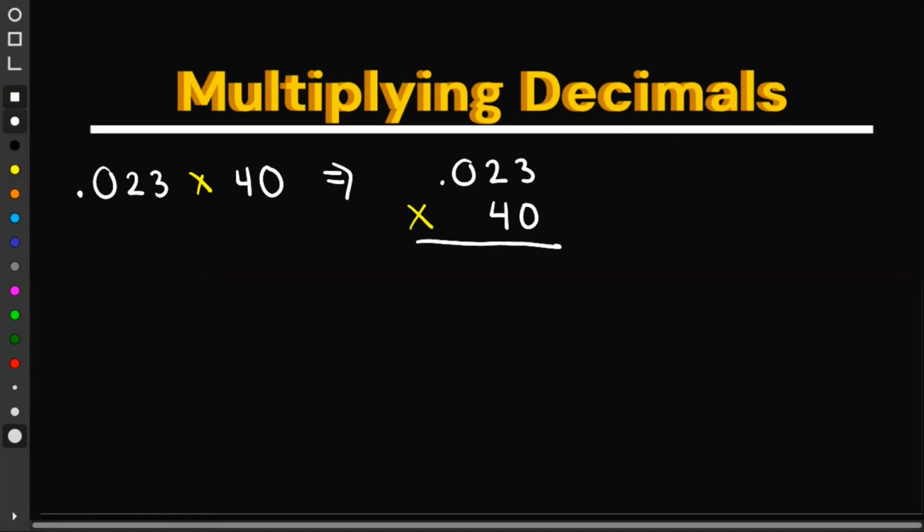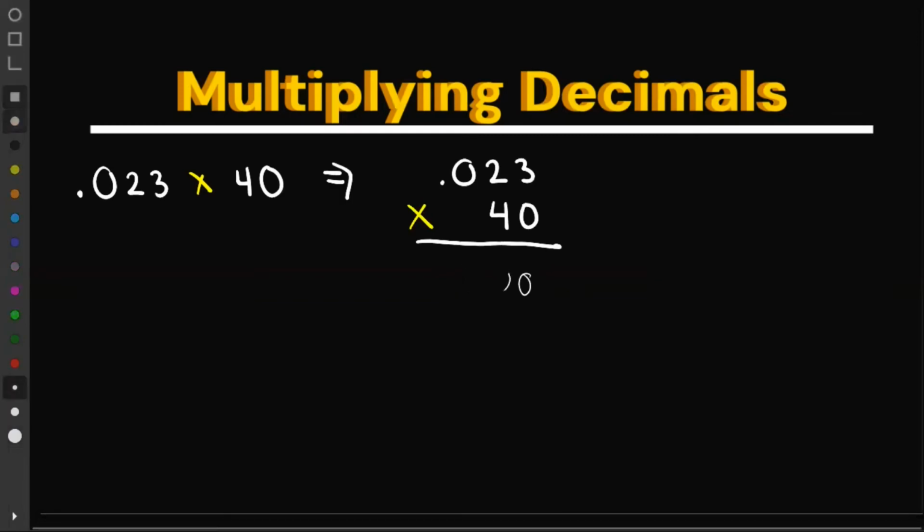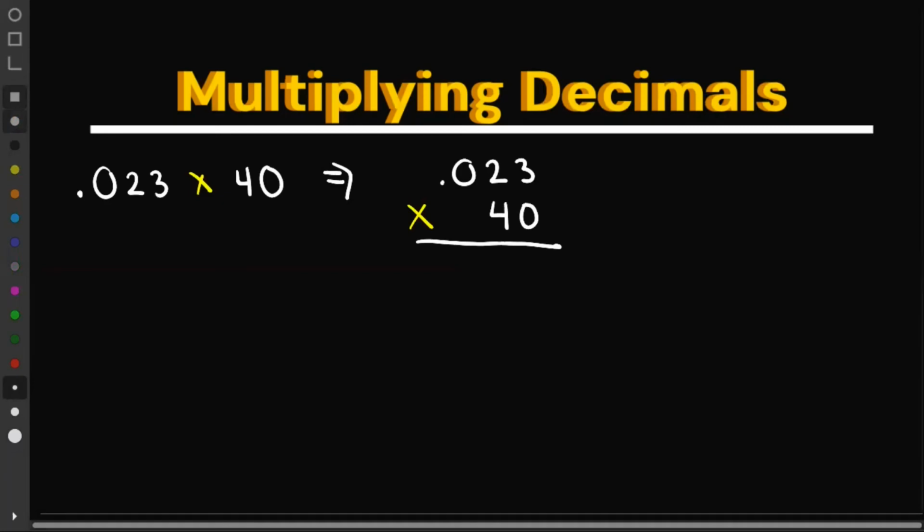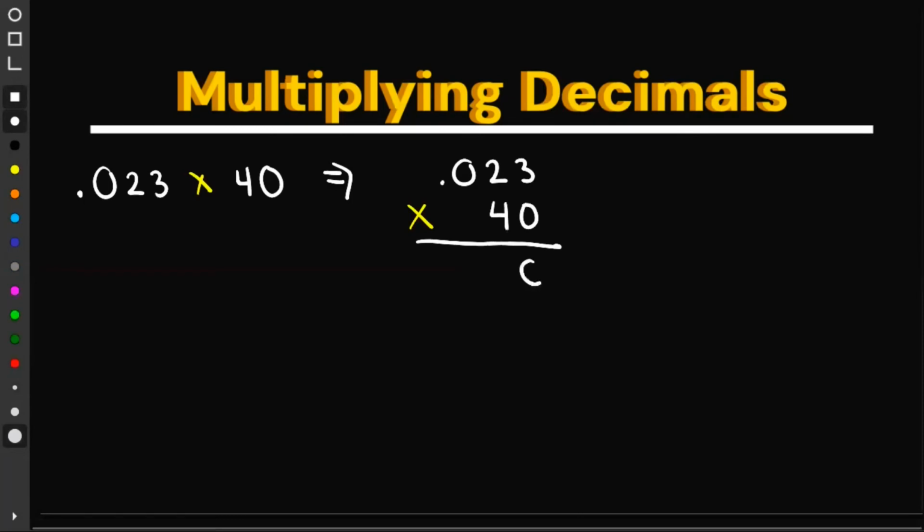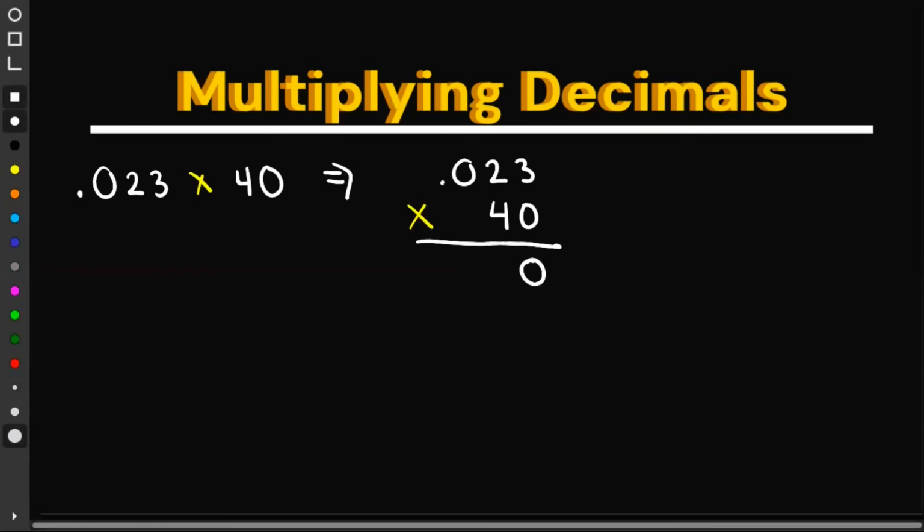So for this one, for this 0, we simply multiply it in the whole, so it doesn't really matter if we put zeros out here. But since we're proceeding to the next digit, which is the 4, we need to add a 0 out here. So we have 4 times 3 is 12. Then 4 times 2 is 8 plus 1 would give us 9.